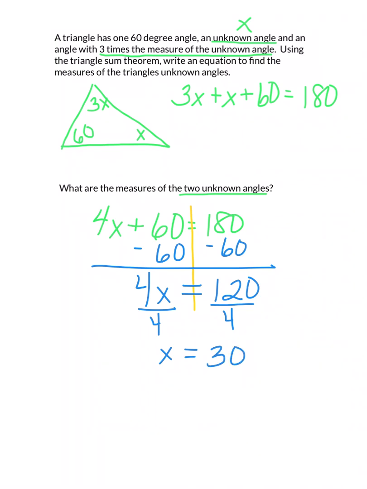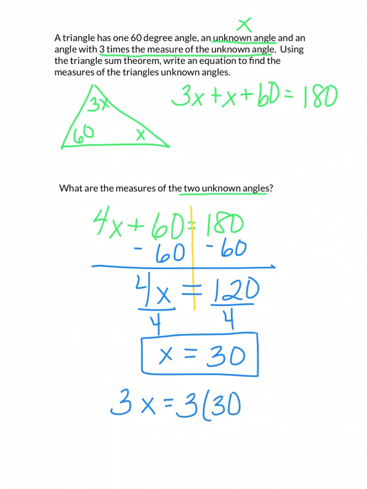Well, that answers one of the angles. This tells me what x equals. But we also have to find 3x. Now that we know that x equals 30, we just have to replace x with 30. So 3x would be 3 times 30, which would be equal to 90.